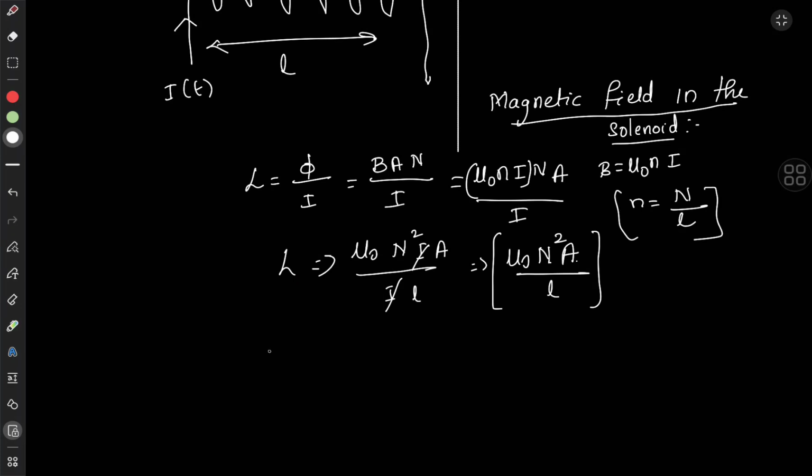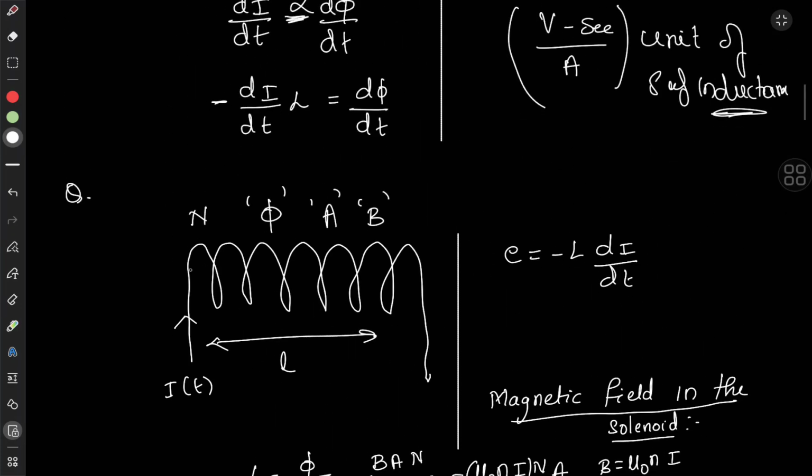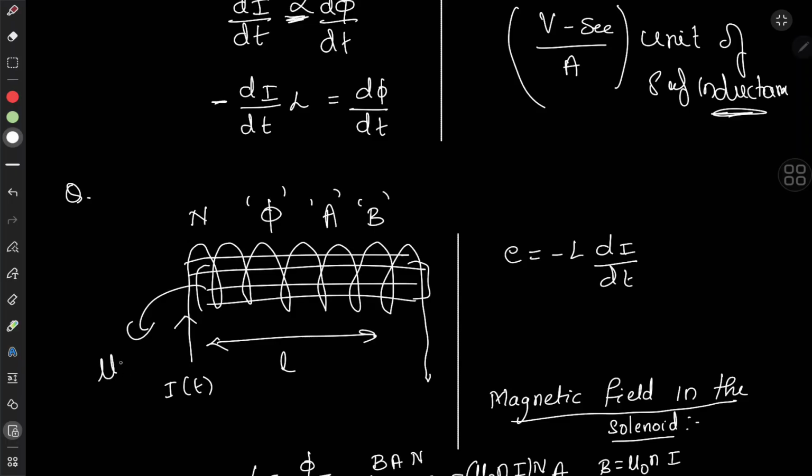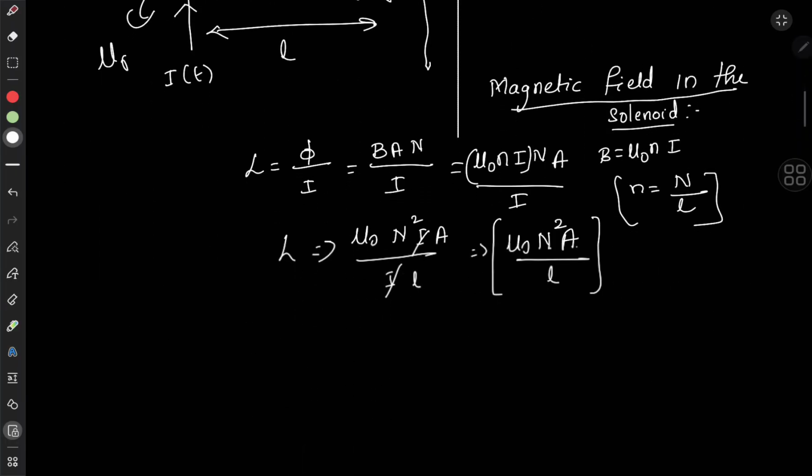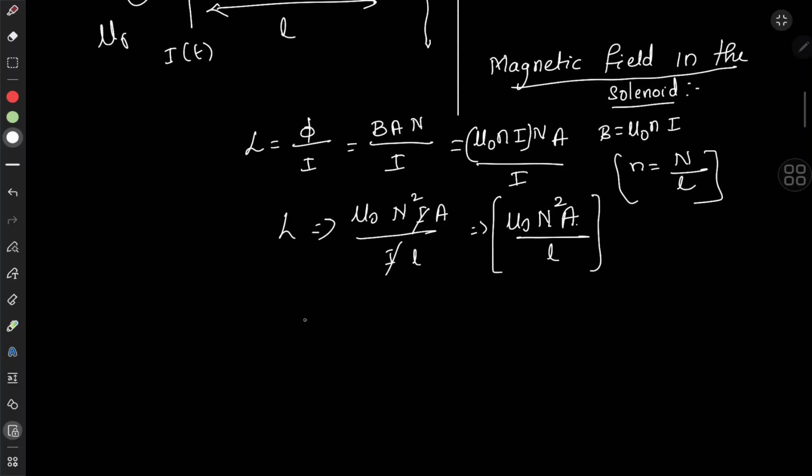And one more thing, if in this solenoid a material is filled, for example a ferromagnetic material, then definitely this material will have a permeability, a relative permeability of μr.